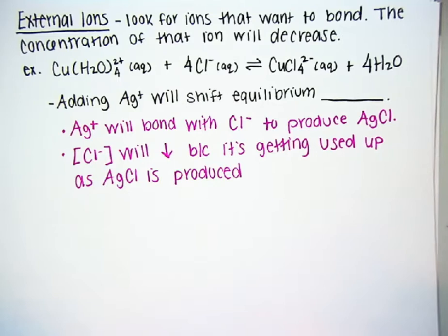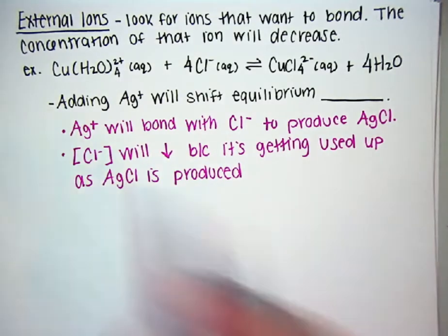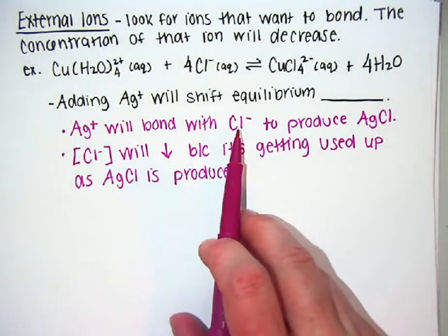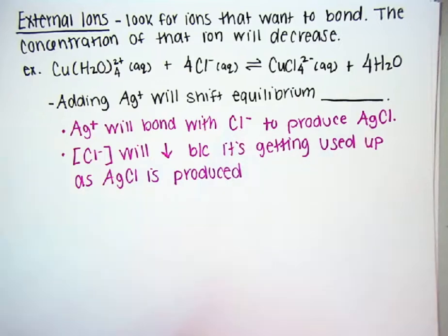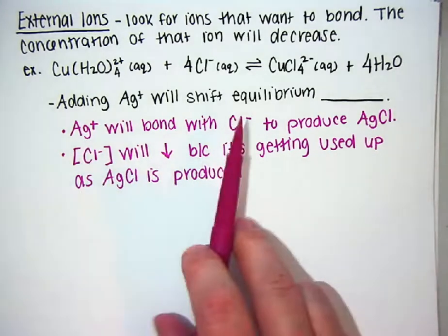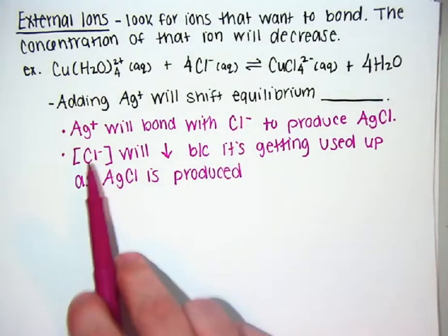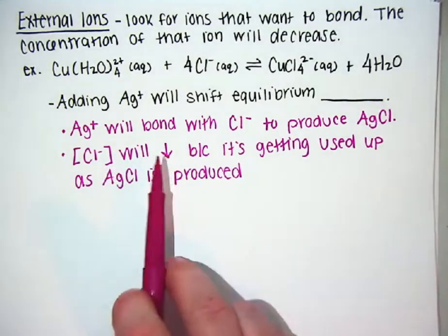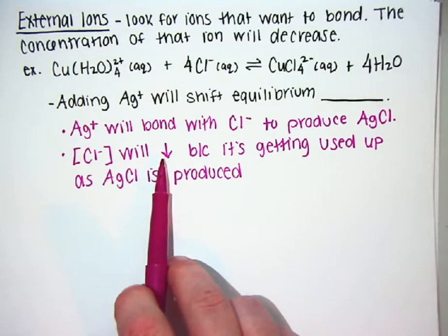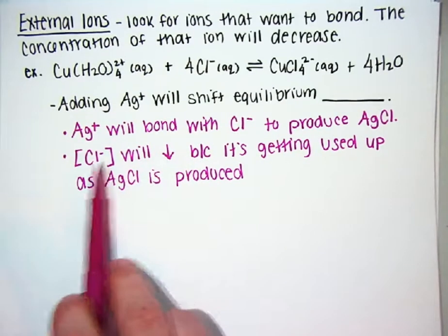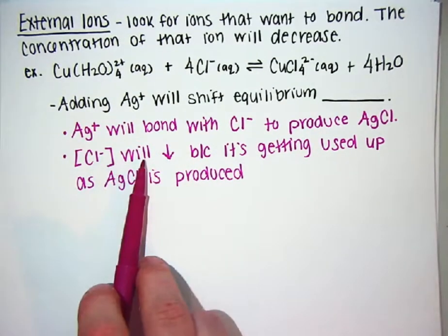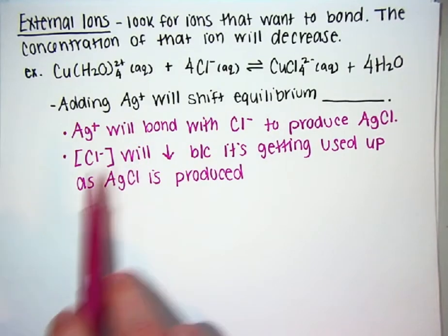So we add silver to this reaction. Silver is going to come in and start bonding up all the chloride ions to make silver chloride. So if silver starts bonding up all of the chloride, that means the concentration of chloride decreases. So this is the key fact that we need in order to figure out which way equilibrium will shift.